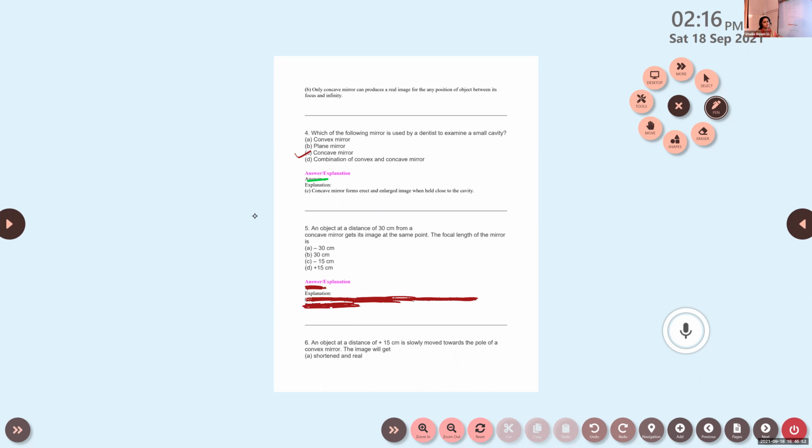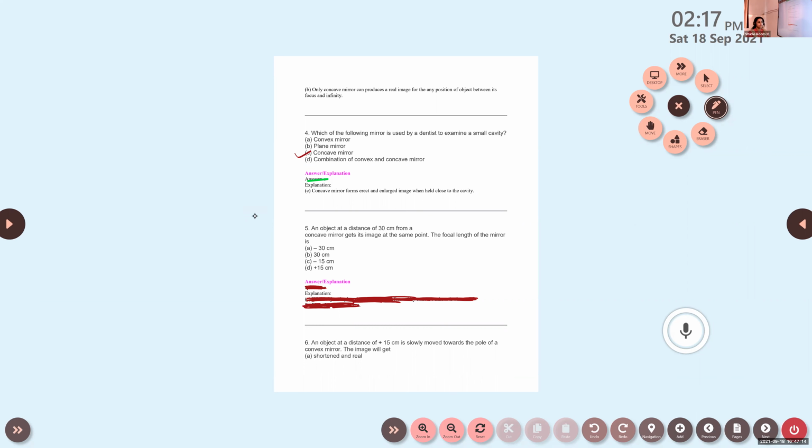Anything else? Yes, solar furnaces are also one of the applications of concave mirrors, because concave mirrors are converging mirrors, they converge all the light rays. So the correct option is option C. A concave mirror forms an erect and enlarged image.